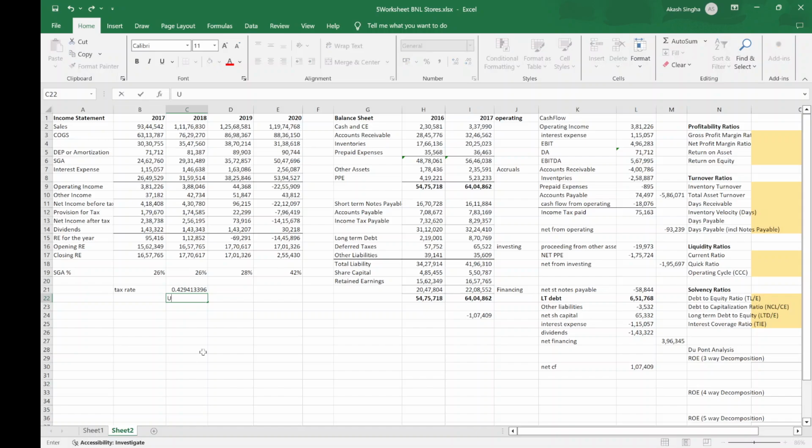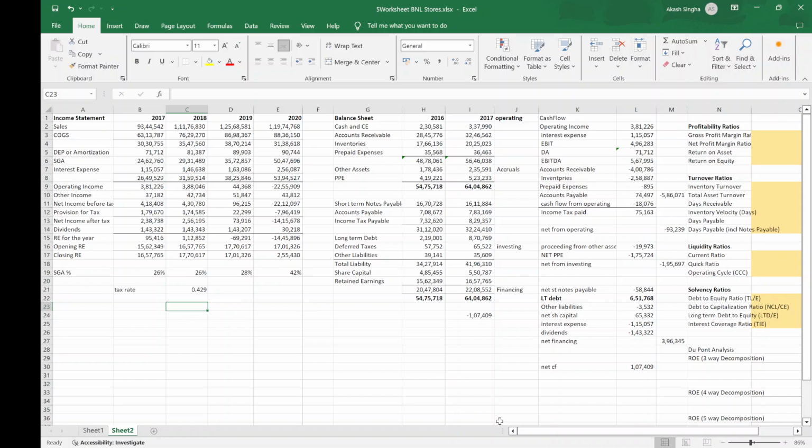So the tax rate is here. So the thing is to calculate the return on asset. In the below section, it will be total asset, right? In the upper section, it should be PAT plus effective cost of debt.